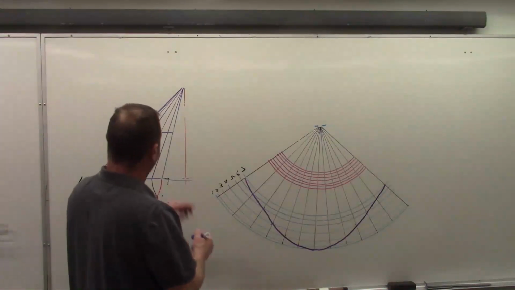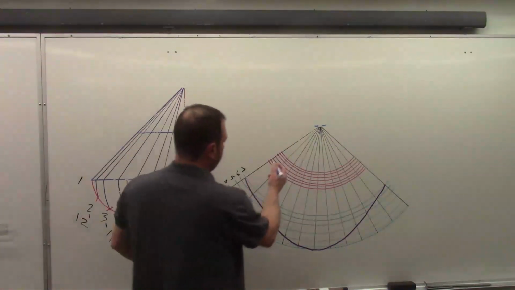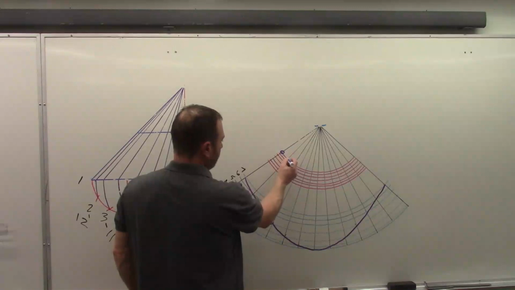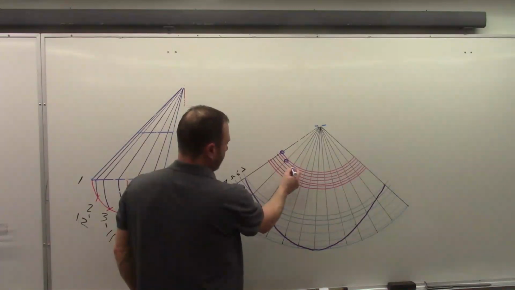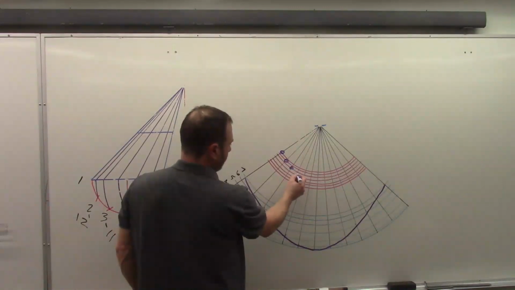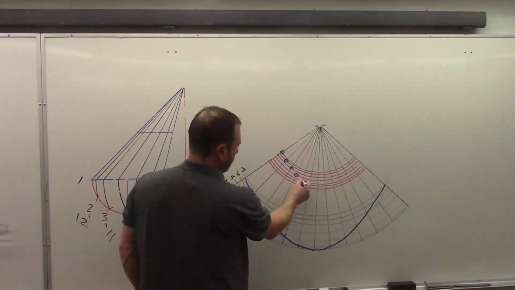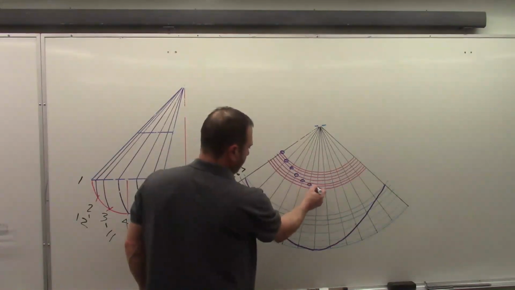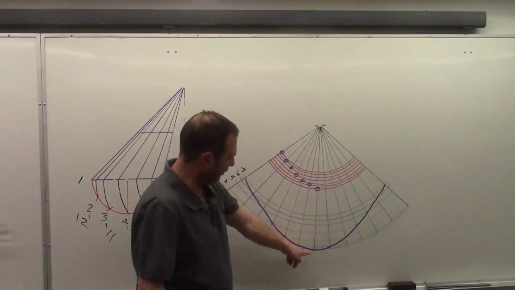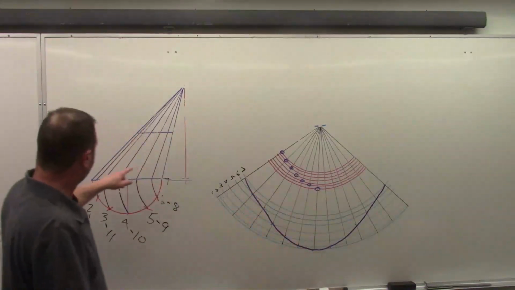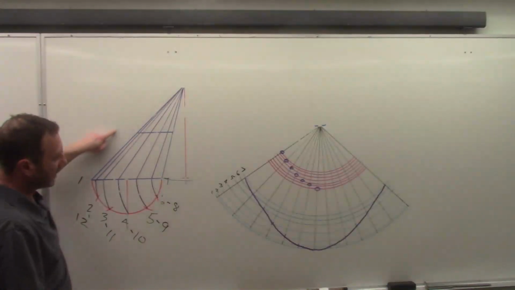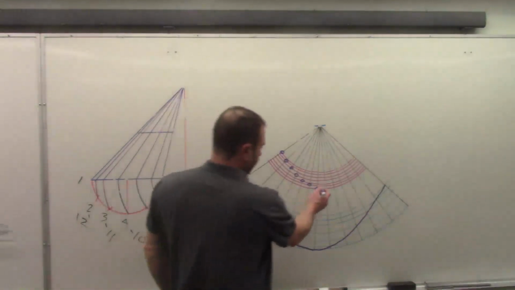This one's the same thing. We know we started at the short side here, and we can go in and circle all these points. Furthest one out, furthest one out. We know that the long side is on the outside here, point 1, so that looks good.